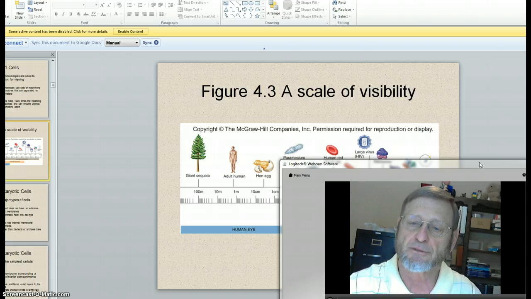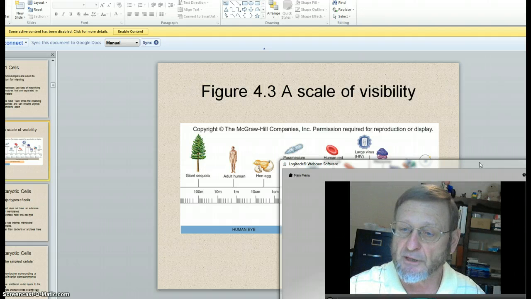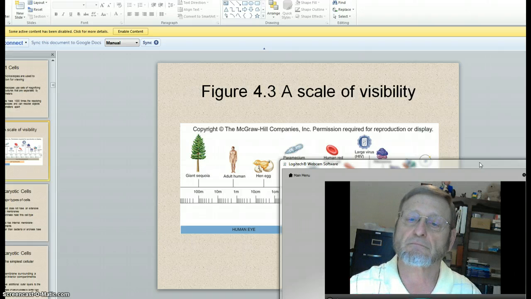So here's what happens. That red blood cell has a molecule in it called hemoglobin, and it is in your lungs. And it has a very low concentration of oxygen because it's dumped it and it's picked up CO2. The air in your lungs that you just breathed in has a very high concentration of oxygen comparatively.